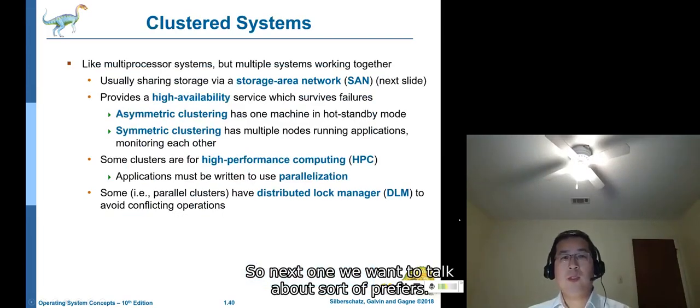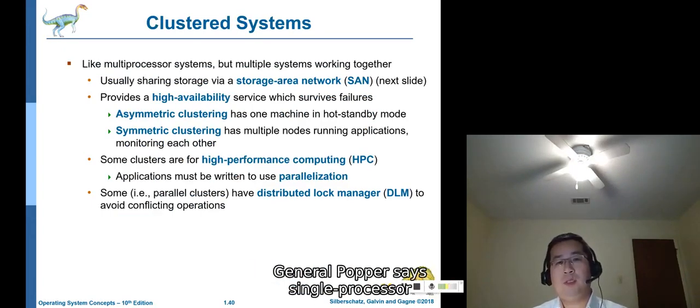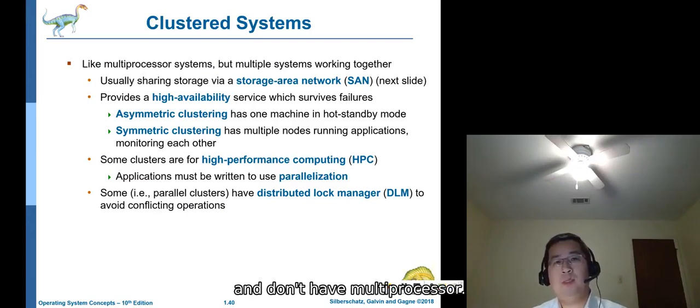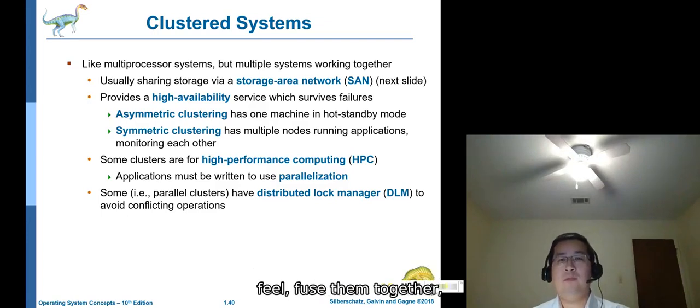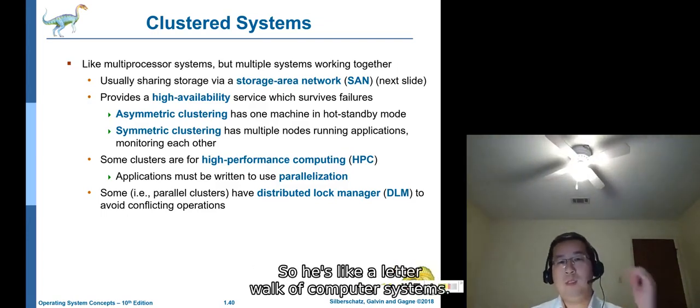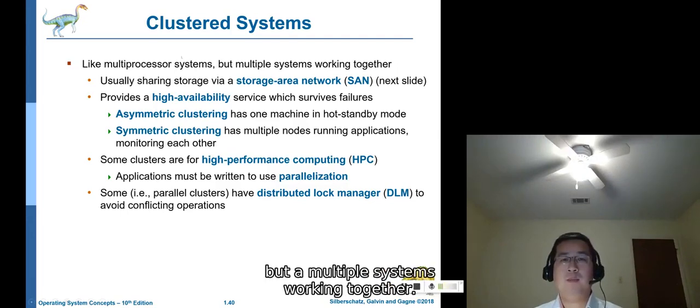So next we want to talk about the previous one, which we said is a general purpose system, single processor, and then we have multiprocessor. Here we talk about the cluster system. Cluster system, that means we combine several individual computer systems together, fuse them together, to get a larger system. So it's like a network of computer systems. Okay. So this is like a multiprocessor system, but multiple systems working together.